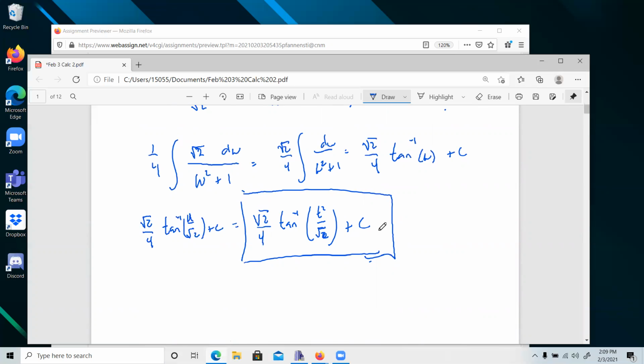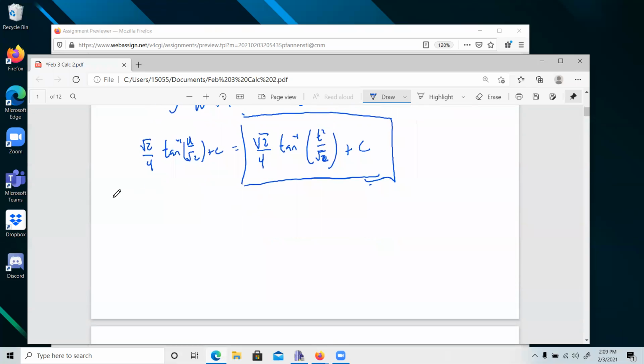I might have to do u substitution a couple of times, but doing u substitution twice versus doing integration by parts twice, I'd rather do u substitution twice. It's a little convoluted, but it's not so bad. All right, so let's see here.